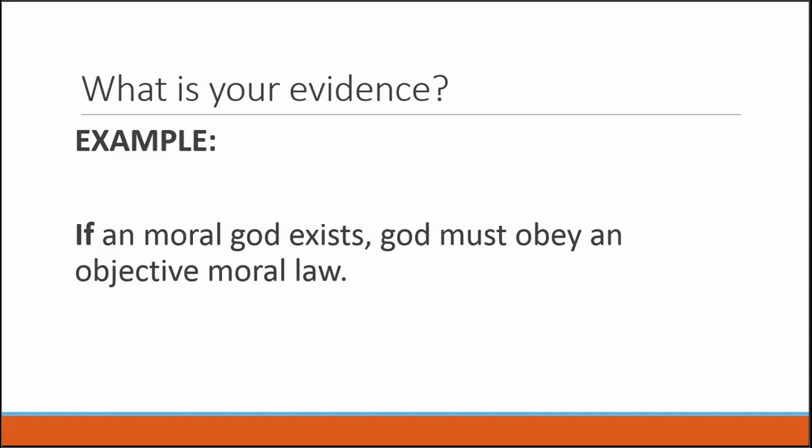The author is only asserting that if the former statement, a moral God exists, is true, then the latter statement, God must obey the moral law, is true. So, the author is not asserting that either of the simple statements is true. The author is only asserting the if-then connection between them.